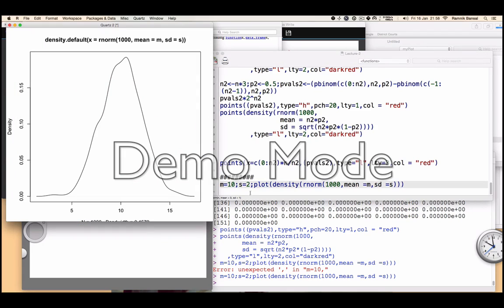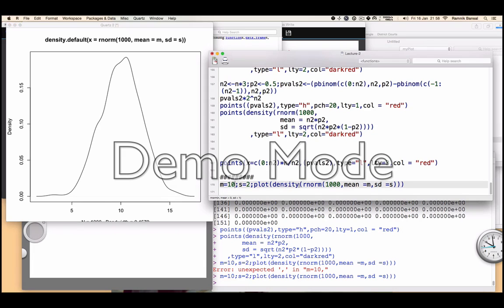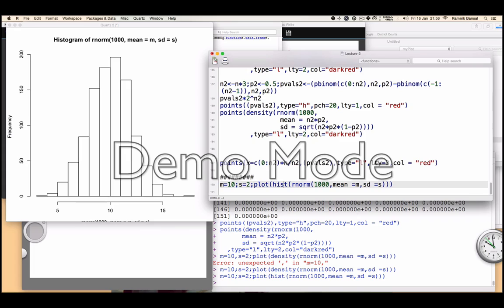Okay, if you look at the plot, we get a plot something like this. Now rather than the density plot, let me do a histogram. In the histogram, let me change the bins to 100.